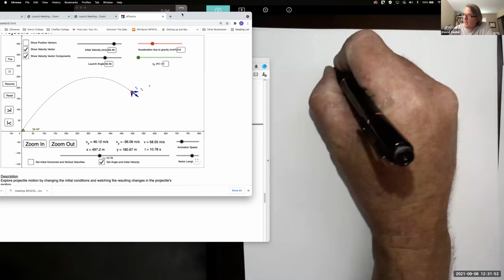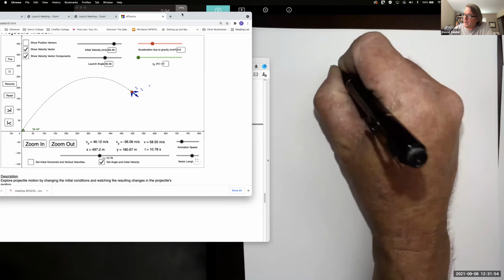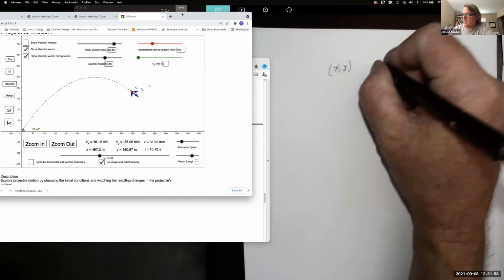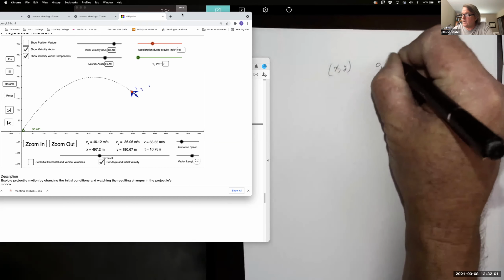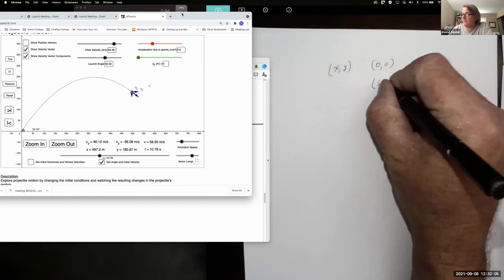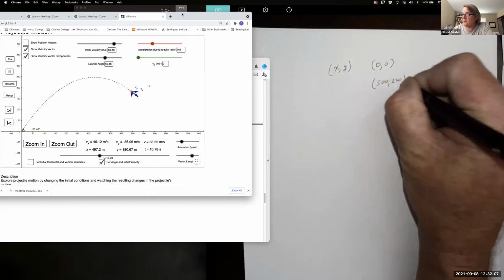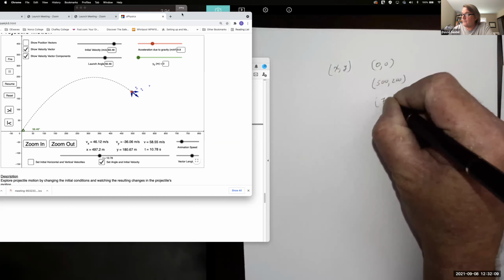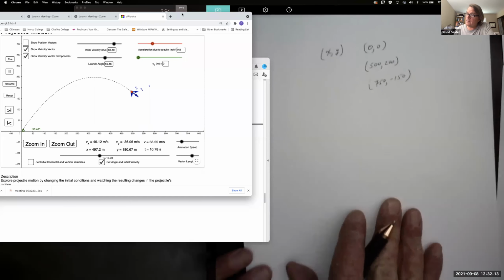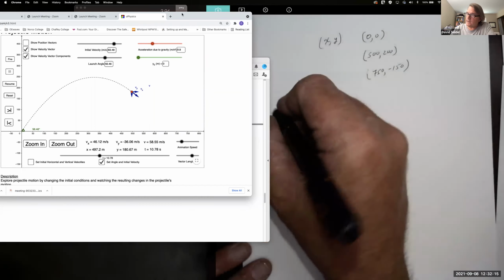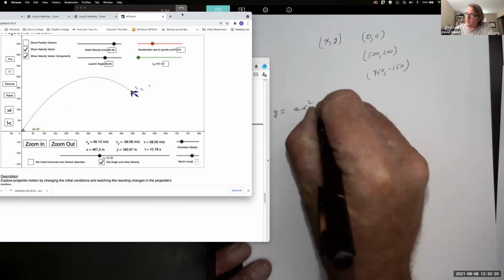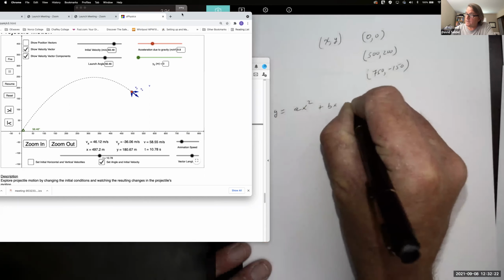But we have 3 conditions for X and Y that we know we have to meet. We have 0 and 0. We have 500 and 200. And we have 750 and minus 150. The quadratic equation is y equal to ax squared plus bx plus c.